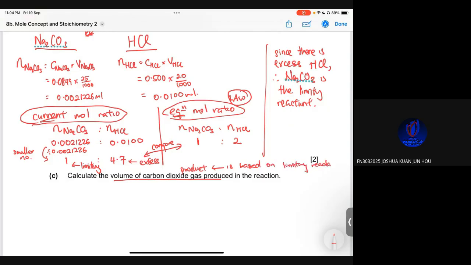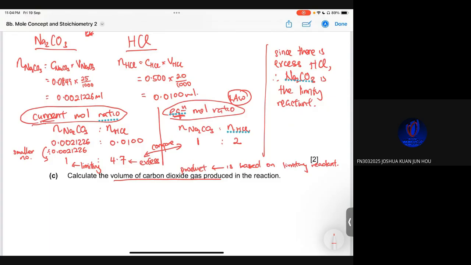So you will always use your limiting reactant to calculate the amount of products formed. You cannot use the excess because the excess is way too much. If it is an excess reactant, it means not all the reactant will react, because that's extra. But if I calculate based on the excess, it means I'm using the extra for calculation. It means I will have more products than expected.